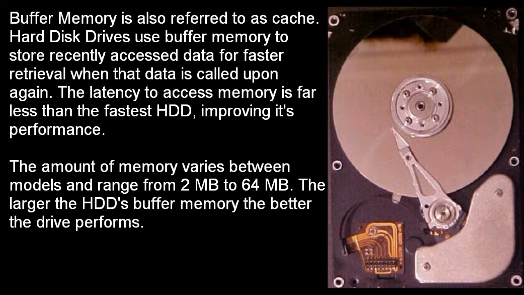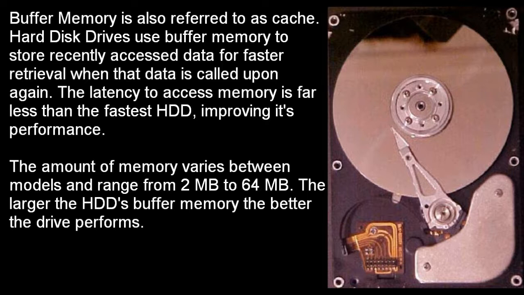This refers to any time something is accessed on the drive. It's also stored into the buffer memory. That way, if the system calls for it again, it can retrieve the information from the buffer memory first, and it's a lot faster than the hard drive.